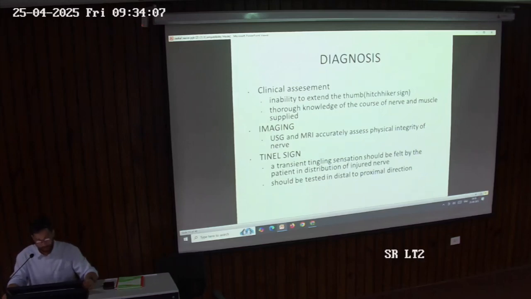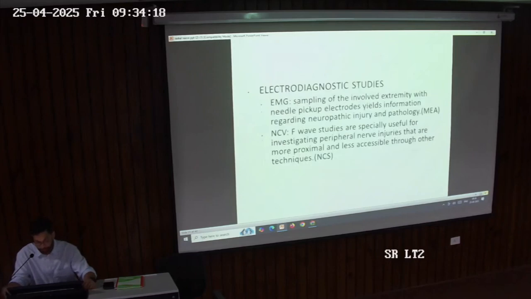What is Tinel sign? It is a transient tingling sensation. You tap over the nerve, and this should be felt by the patient in the distribution of the injured nerve. We can also perform electrodiagnostic studies, that is electromyography, sampling of the involved extremity with needle pick-up electrodes that yield information regarding neuropathic injury and pathology.